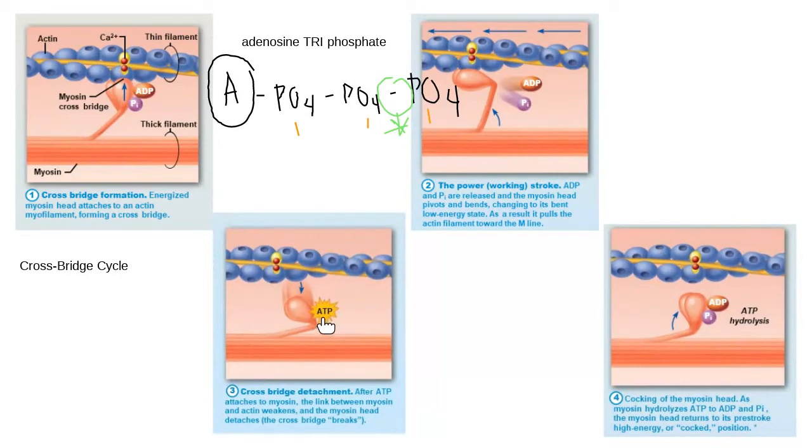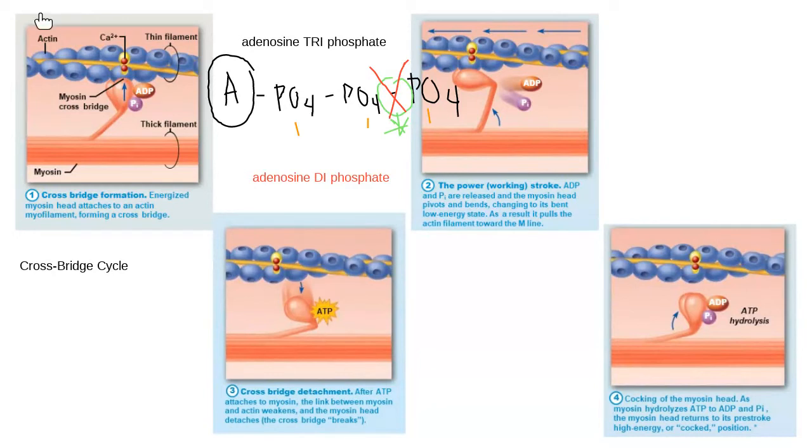ATP, what I see right here, this is a molecule that has an adenosine with 3 phosphates attached to it. We've got lots of energy stored right here in this chemical bond. When myosin breaks this chemical bond, so let's chop it up, we end up with adenosine diphosphate.